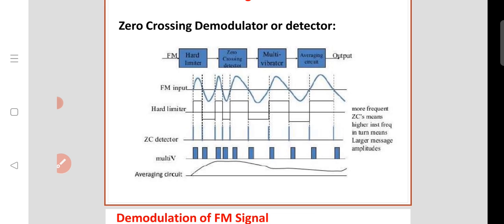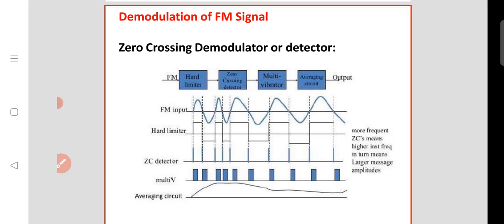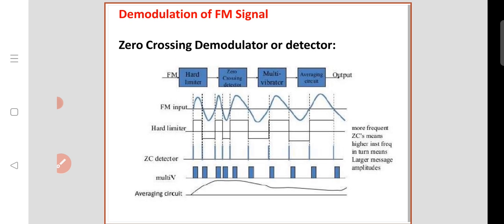We completed all the detection methods. Maybe some detection methods we don't discuss because they are not covered in our syllabus. That's why one or two remain; all the rest we have completely covered. The third unit, the first part, FM angle modulation, is completely concluded here. In the third unit, the next topic is pulse modulation.